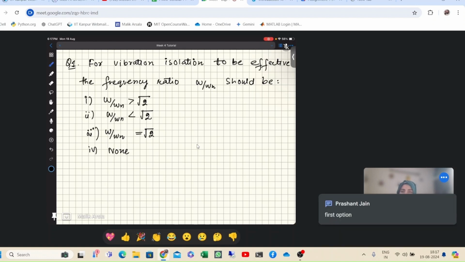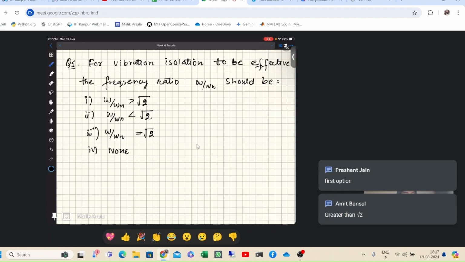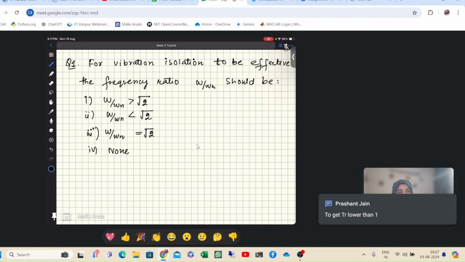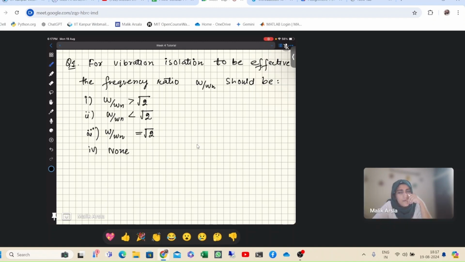You must have studied it. Okay, first option. So who would explain why? Ma'am, because if we work on that range, that means greater than root 2, for this range isolation becomes effective because the value of transmissibility of the forces is below 1.